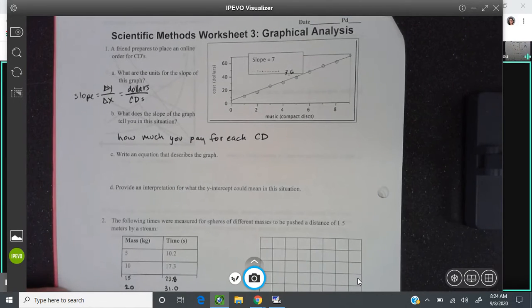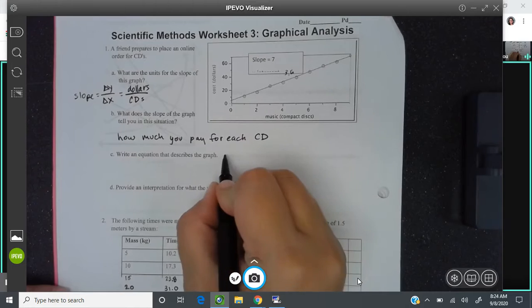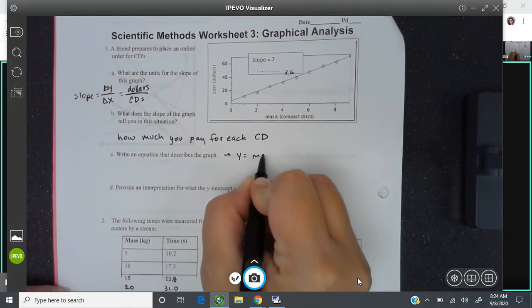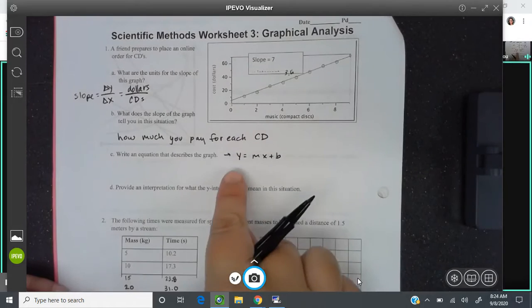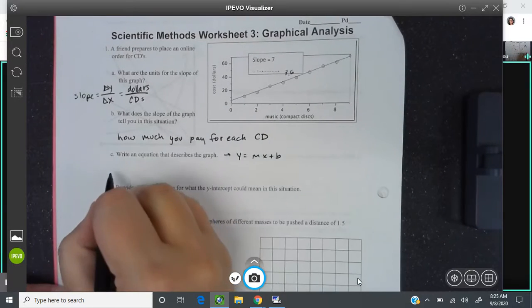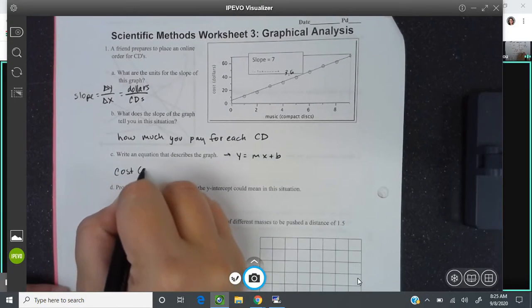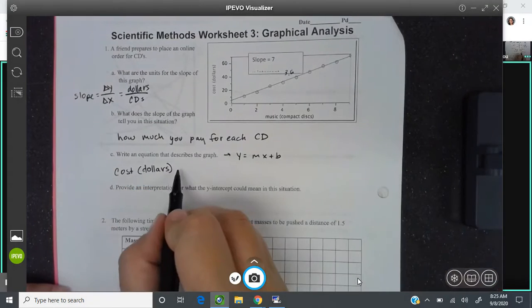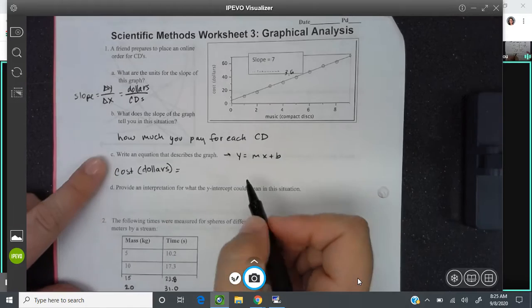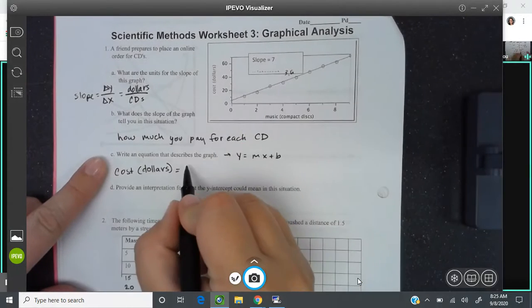Write an equation that describes the graph. When we look at this, we know that it's a line, so it's going to have the form y equals mx plus b, right? In this graph's case, our y is going to be the cost in dollars. So we replace that, equals the slope, which here is given to us as 7.